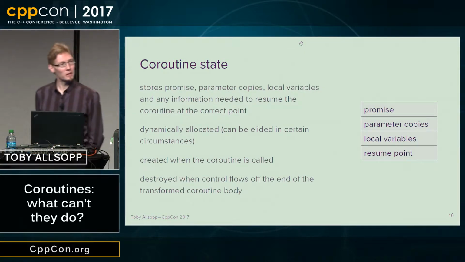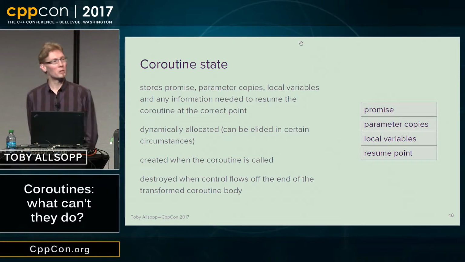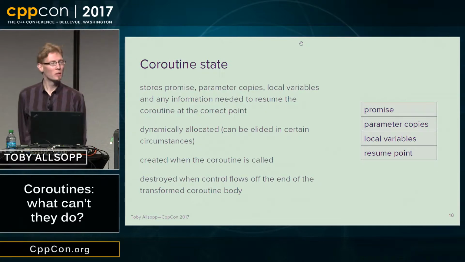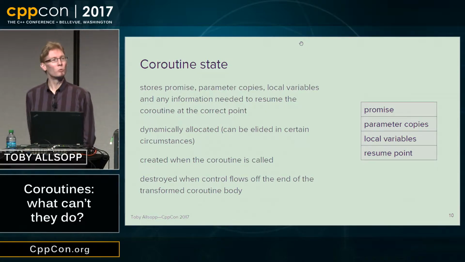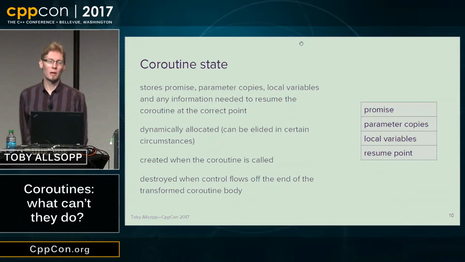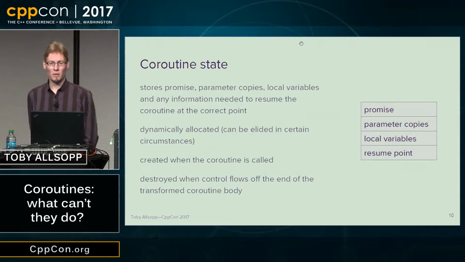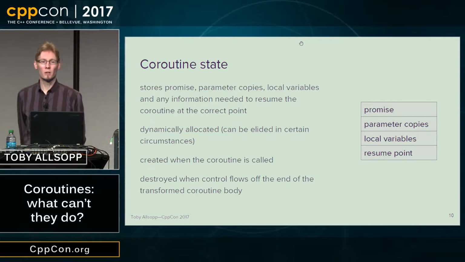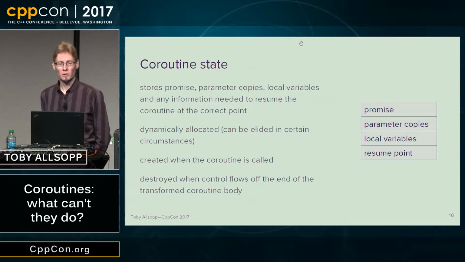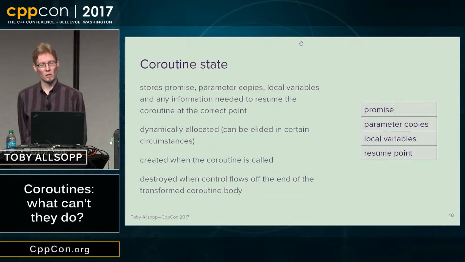So the coroutine state is where the promise object, copies of any parameters to the coroutine, any local variables that the coroutine uses, and also any information that is needed to identify where to resume the coroutine is stored. So this is some block of memory which is dynamically allocated.